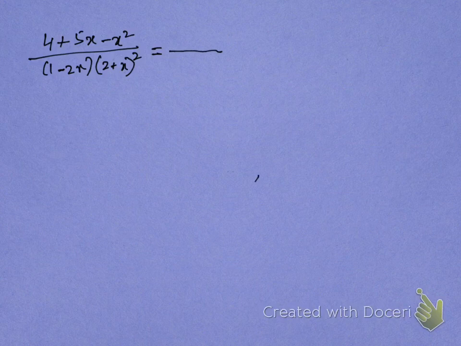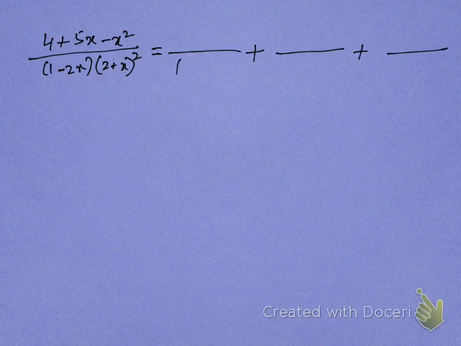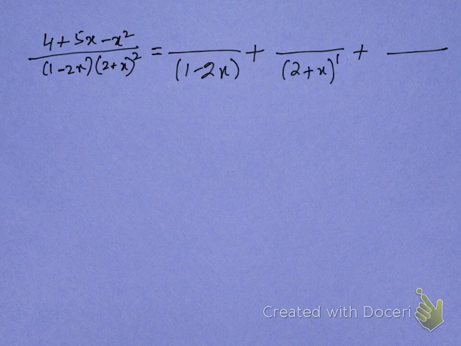This fraction can be split into 3 fractions because of the repeated linear factor. So we have (1 − 2x), (2 + x) power 1, and then (2 + x) power 2, because we write the repeated linear factor twice. Since all the factors are linear, we must have constants in their numerators.